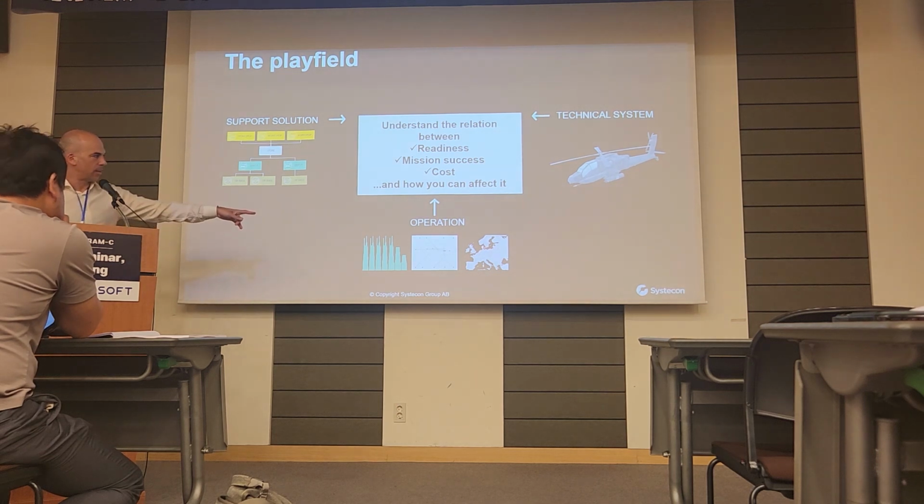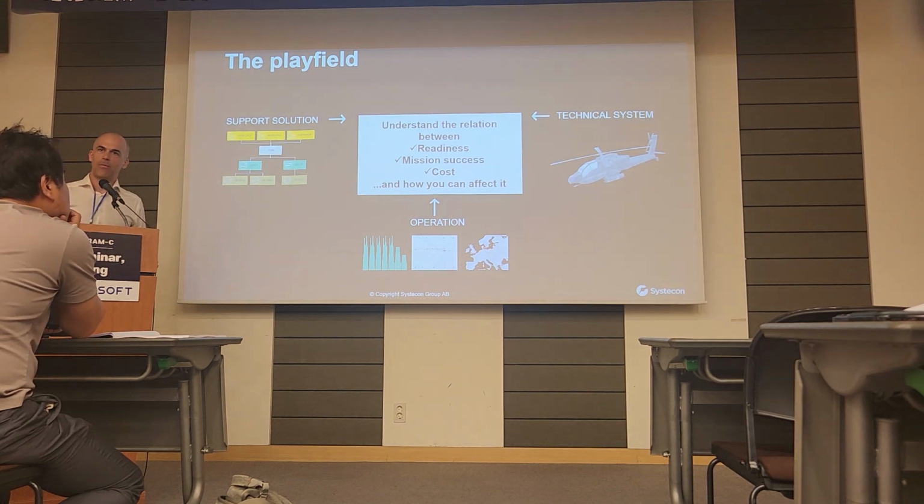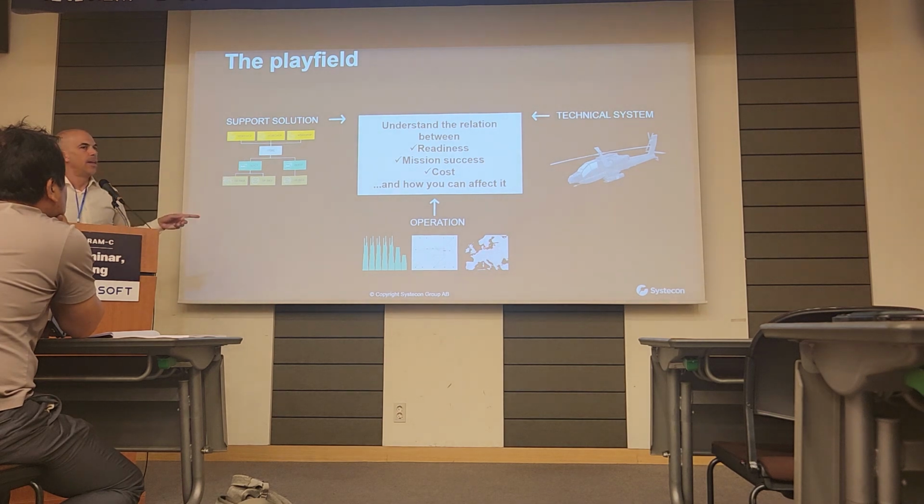But on the other hand, if your operations are very tough and very demanding, it still might be the case that, despite a very reliable system, you will need to beef up your support organization in order to respond to your high requirements on operational activities. So you see there is an interconnection that goes all the ways between these three entities, and that's why they are so important.